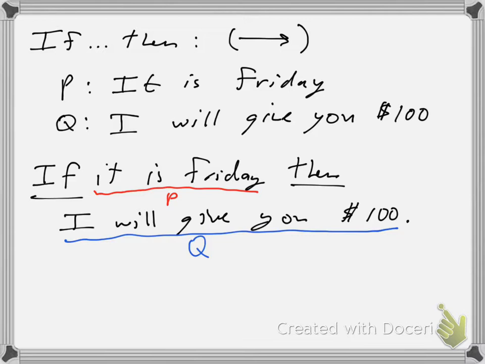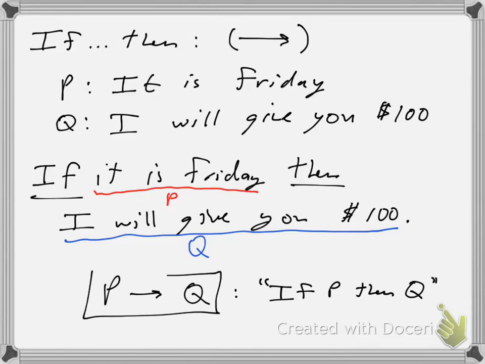So the way I write this is P implies Q, which reads if P then Q. That's how we write that. So this would be my answer right here. And this is what it means, which connects to this actual statement. Okay, so that's the if-then.